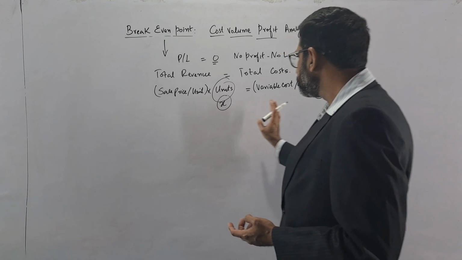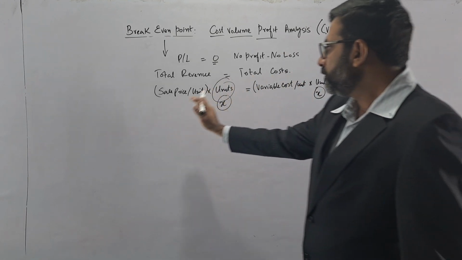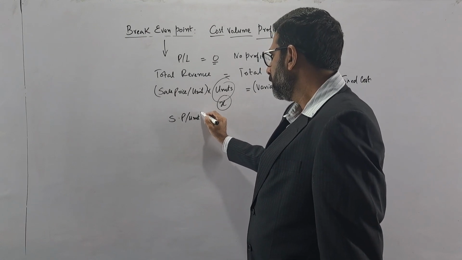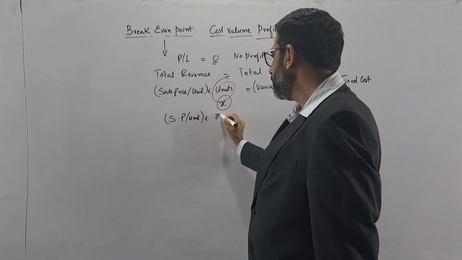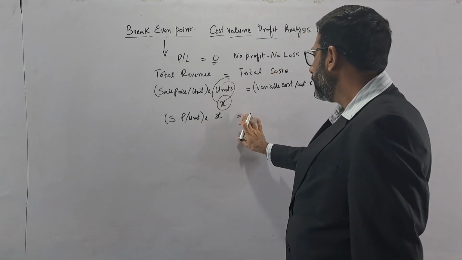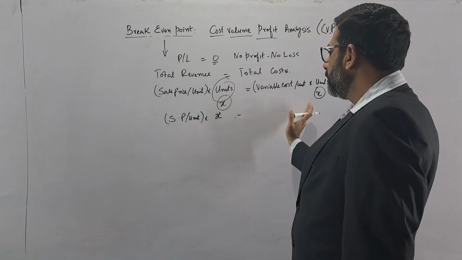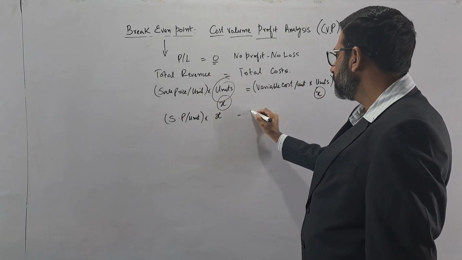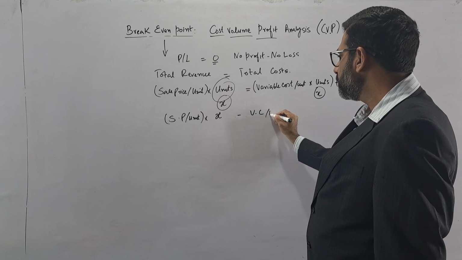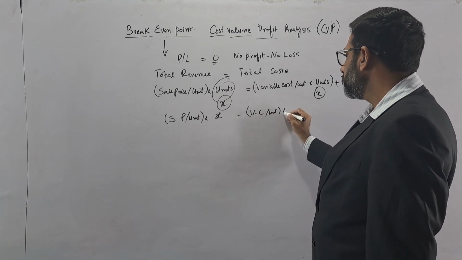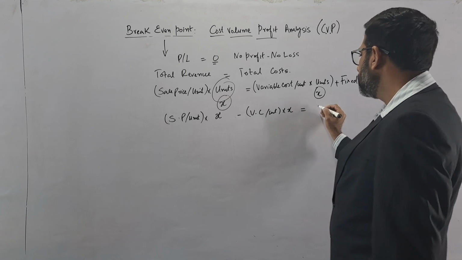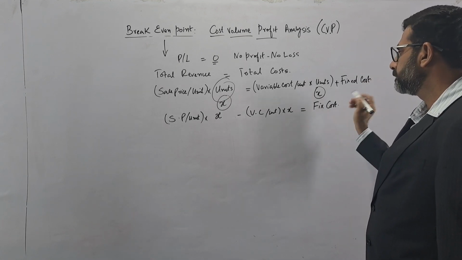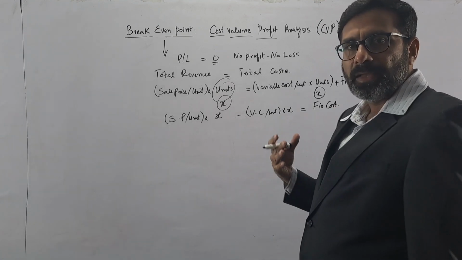So from here, if we change it a little bit, the sale price per unit multiplied by the number of units, if we move the term from the right hand side to the left hand side of the equation, we can say that the variable cost per unit multiplied by x is equal to the fixed cost, or FC.